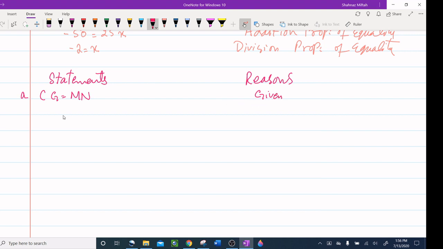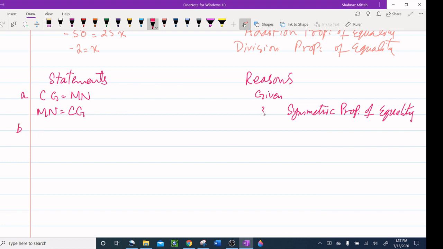Now they said MN is equal CG. What is the reason for this? You see, I only switched the places, and switching the places was symmetric property of equality, if you remember. So I'm going to write here symmetric property of equality. That was the reason. Okay, let's do part B.